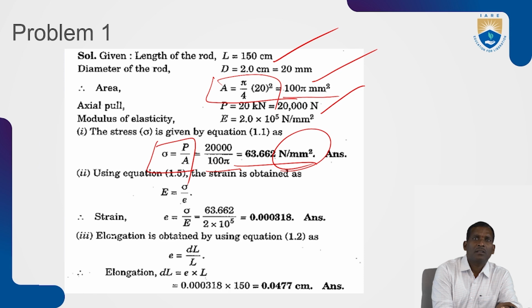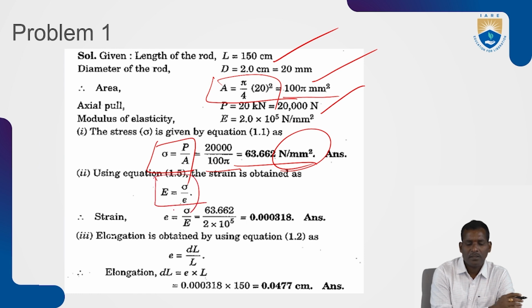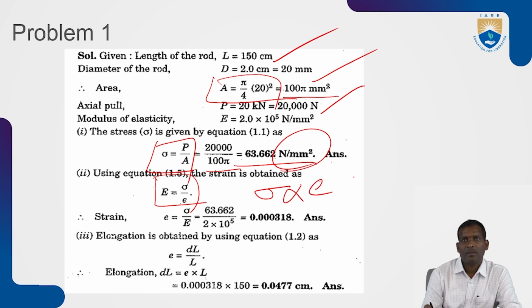Next, using the equation already studied previously, E, Young's modulus, is equal to stress upon strain. Why? Because according to Hooke's law, the stress is directly proportional to strain. Clear?